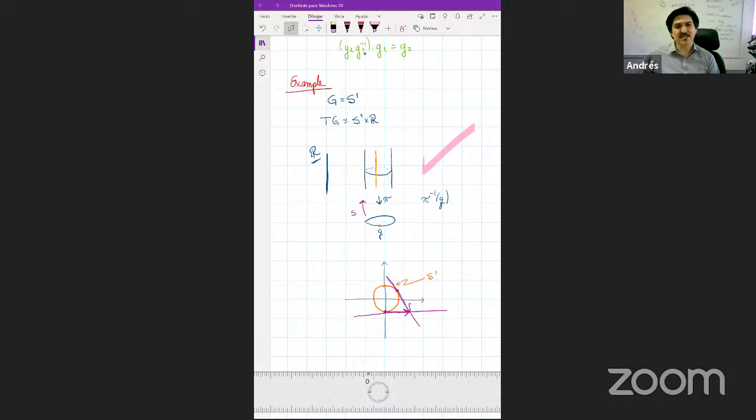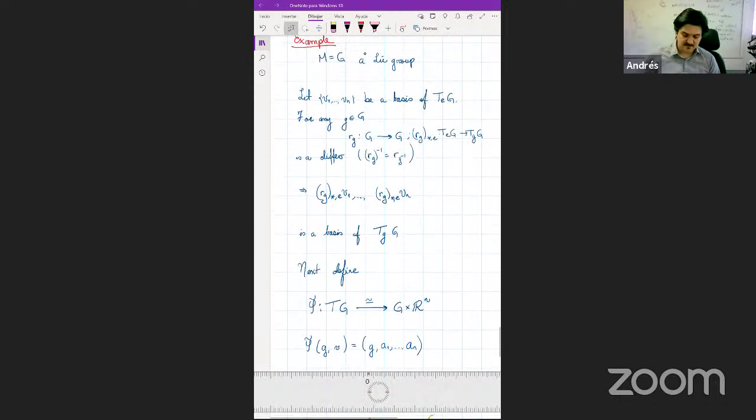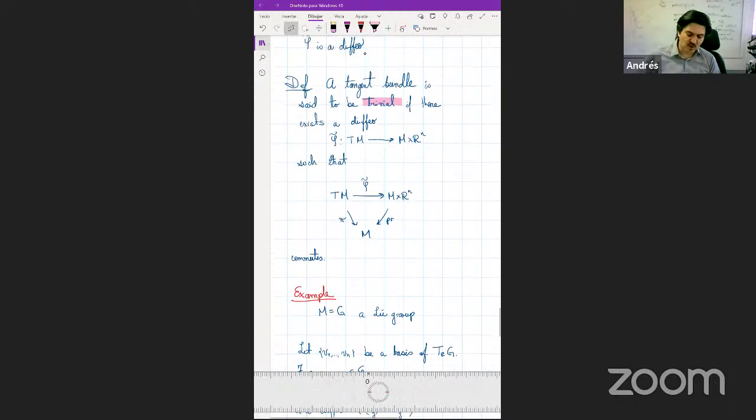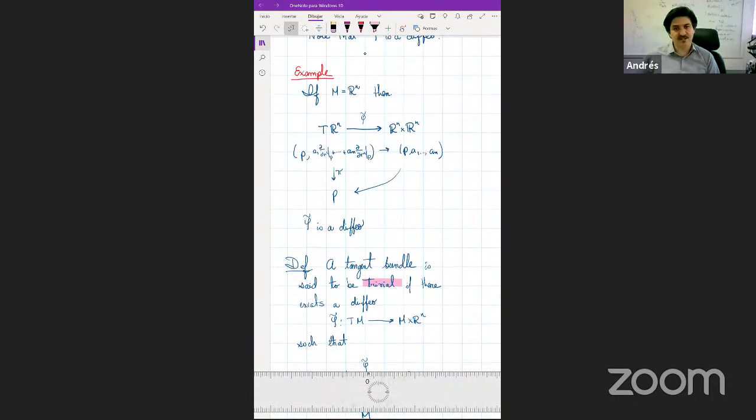So far we have examples where the tangent bundle is trivial. That is for Lie groups and Euclidean space. Okay? The way that we showed that Euclidean space is trivial was exploring what we learned at the beginning, that chart.